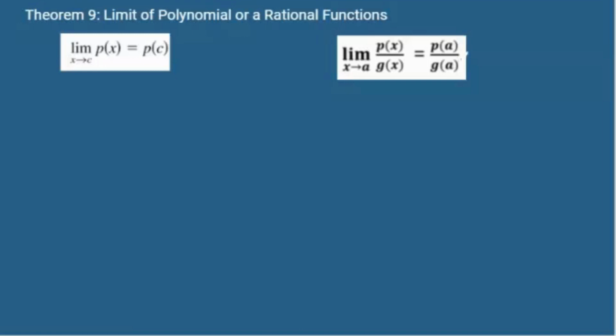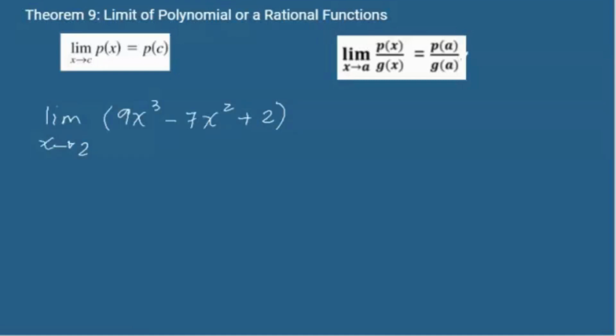And if we have a rational function, let's say the limit of p of x over g of x as x approaches a would be equal to p of a over g of a. So in other words, we'll use direct substitution. And please note that if we have a rational function, our g of x should not be equal to 0. Okay, let's have some examples.